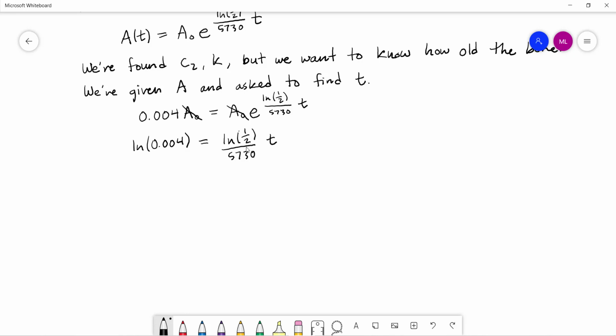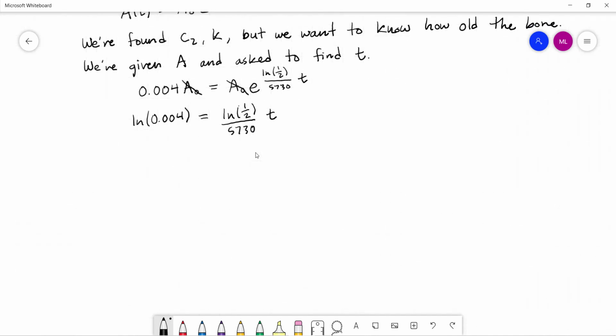Well, all we need to do is divide by this term here, or you can think of that as multiplying by the reciprocal. So we will get that t is equal to 5,730 in the numerator over the natural log of a half in the denominator, times the natural log of 0.004.